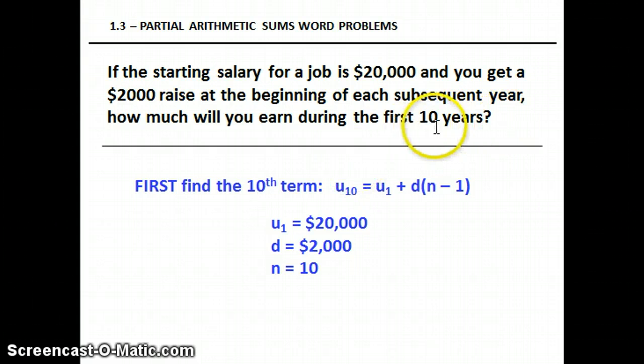Well, it's 10 years, so k is going to be 10. So that means we're looking for the 10th term. So we will use our regular explicit formula, and we will find what it's going to be at the 10th year. Go ahead and plug in your information, and then let's see what you get. Go ahead and pause the video now.